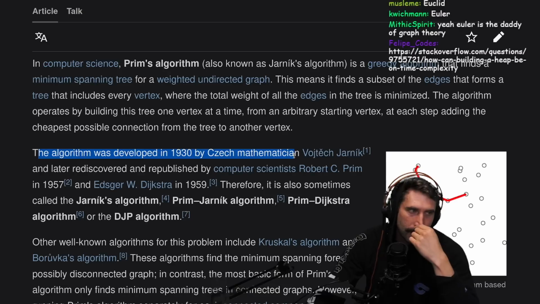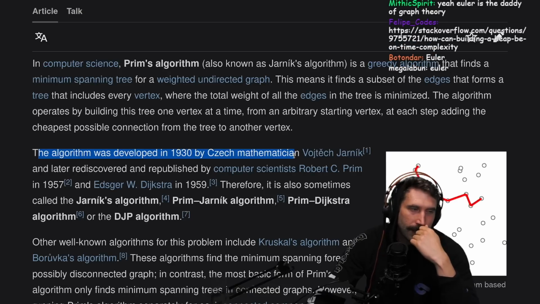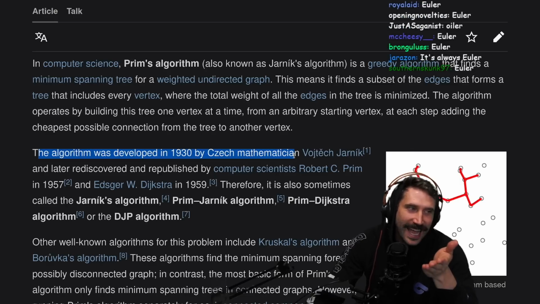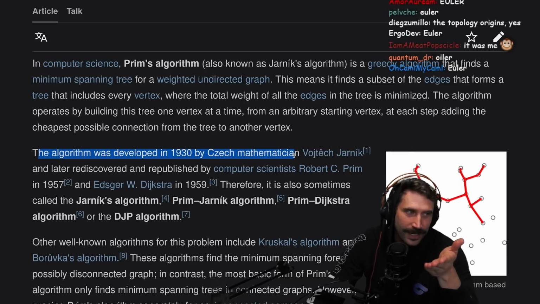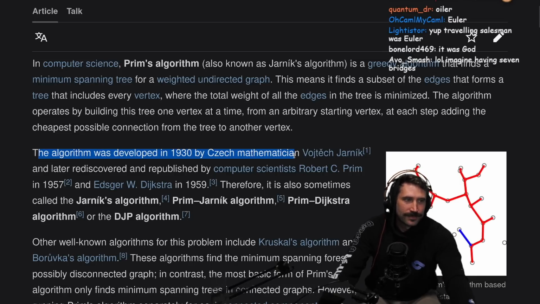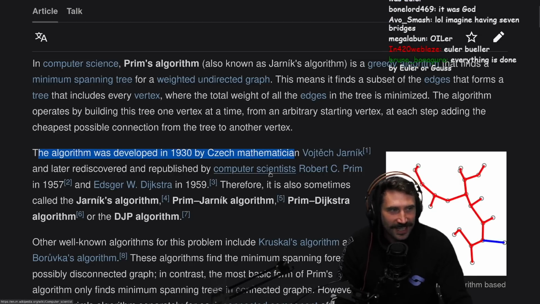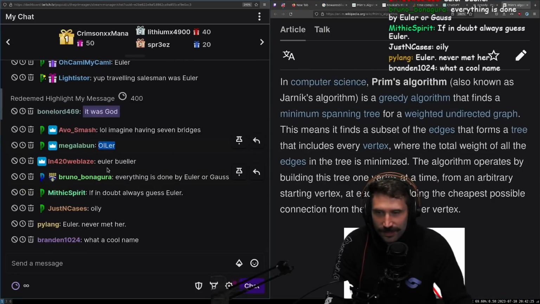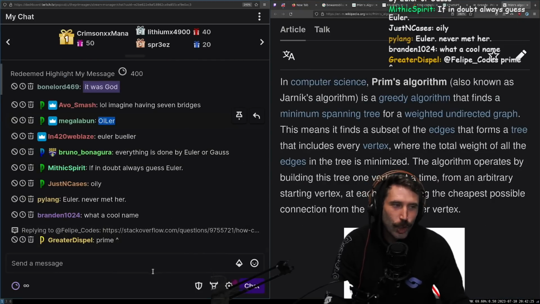Euler, right? Yeah, it's always Euler. Gauss is the asshole. Euler is like the cool guy, right? The traveling salesman was Euler. Yeah, you pronounce it Euler. No, you don't pronounce it Euler. Euler.